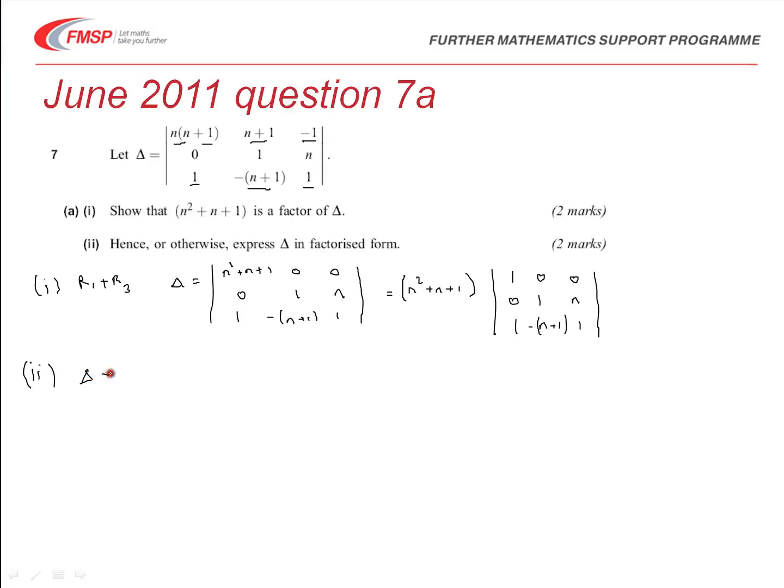So the determinant will now be equal to n squared plus n plus 1 multiplied by 1 times the 2 by 2 determinant, which is 1 plus n times n plus 1.